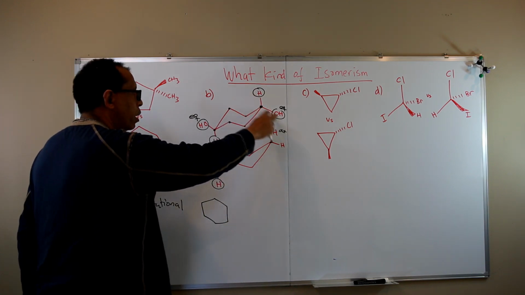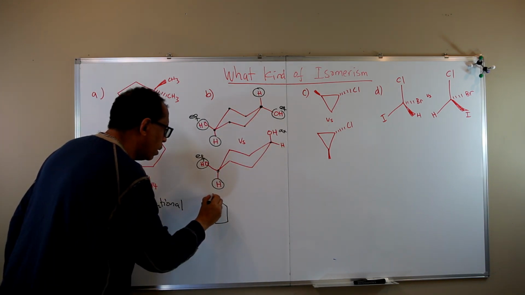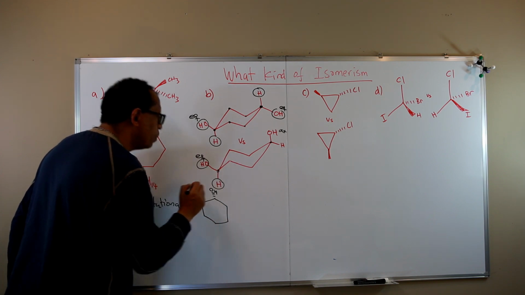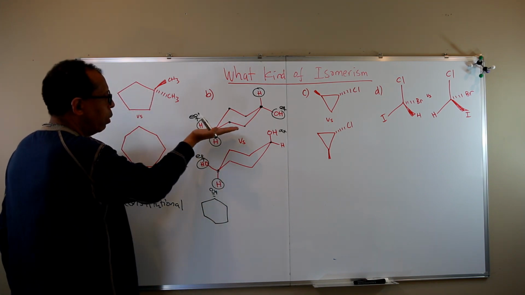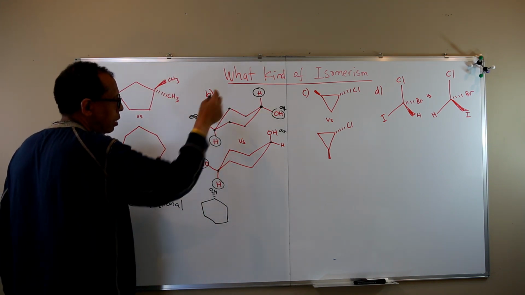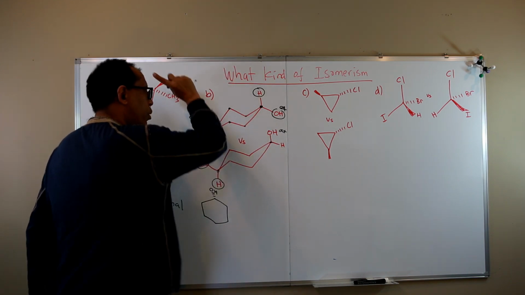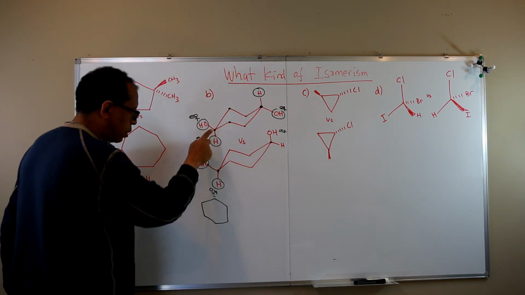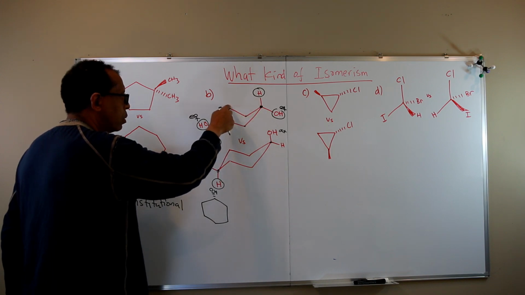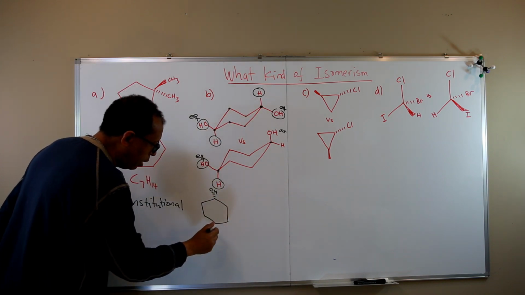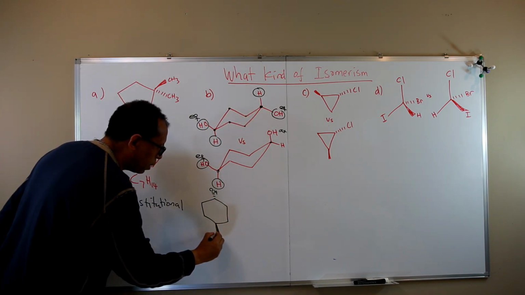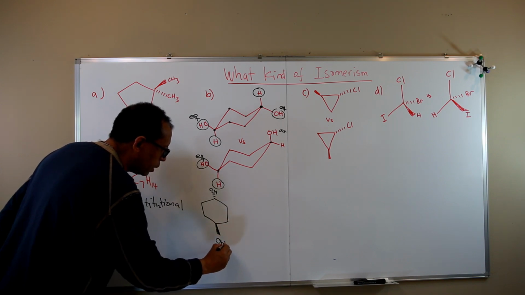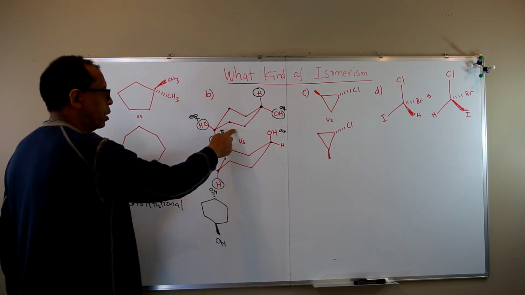So the OH is down. But here, OH is on top of the plane. This is pointing down, this is pointing up. Therefore, at carbon number 4, counting 1, 2, 3, it is OH up. This is for this one.